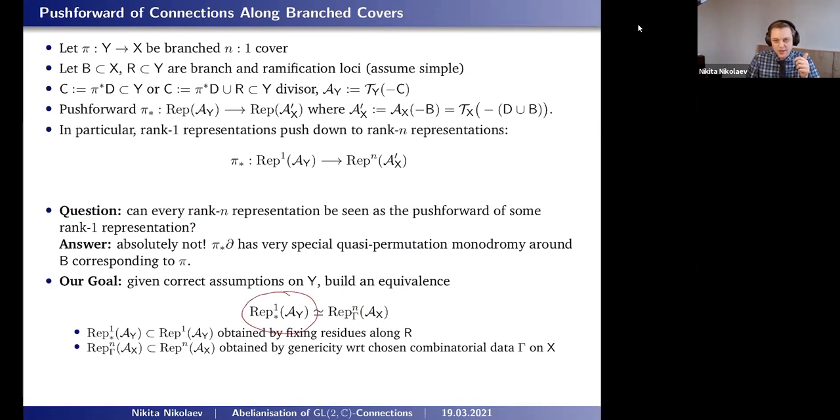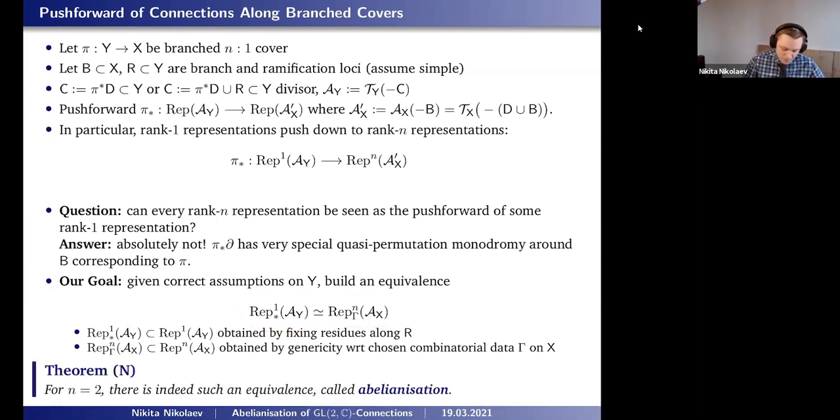And it turns out that the correct thing to do is to fix residues along a ramification. And on the other side, I also have to make some restrictions on the kind of connections I can consider. Those are basically some kind of genericity assumption with respect to a combinatorial gadget, which I will assign to my Riemann surface X. So the point of this talk is to try to explain all this.